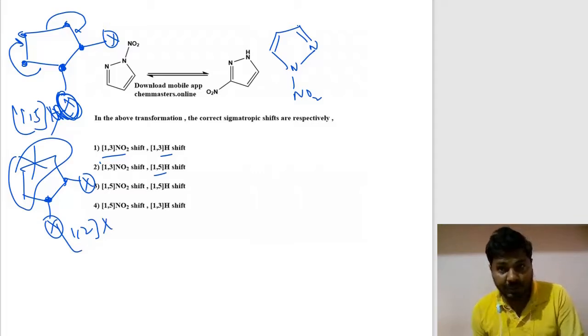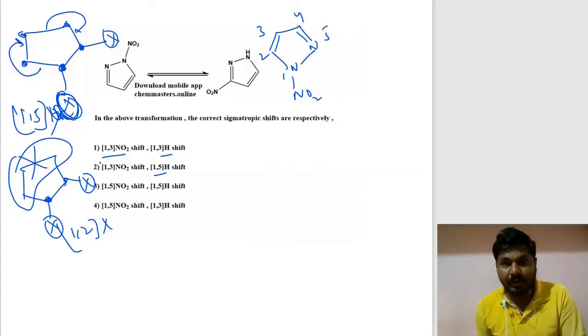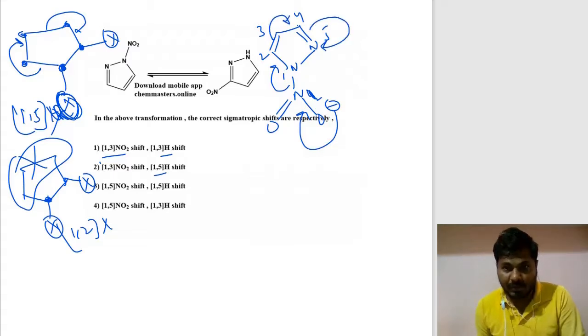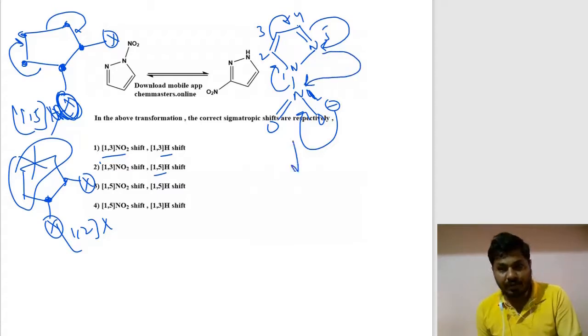Now I'm going to label the atoms for convenience. 1, 2, 3, 4, 5. Now, here we need to expand this NO2 functional group. Now, whenever it moves here, then the shifting of the double bond takes place, and the electron density moves onto the nitrogen, which is going to attack again on this NO2. So here in the next step, you can see the exchange of NO2 takes place.